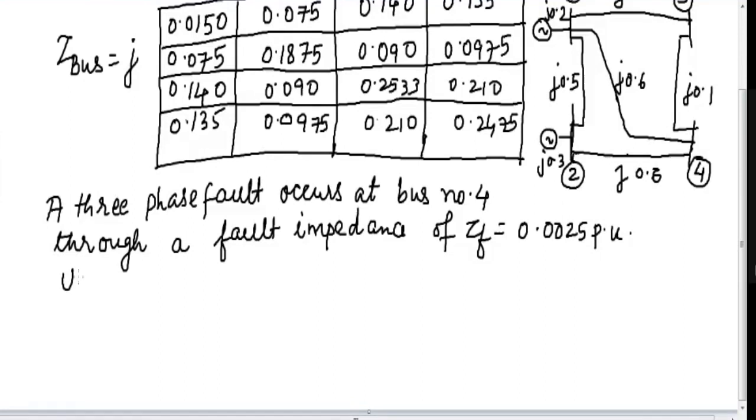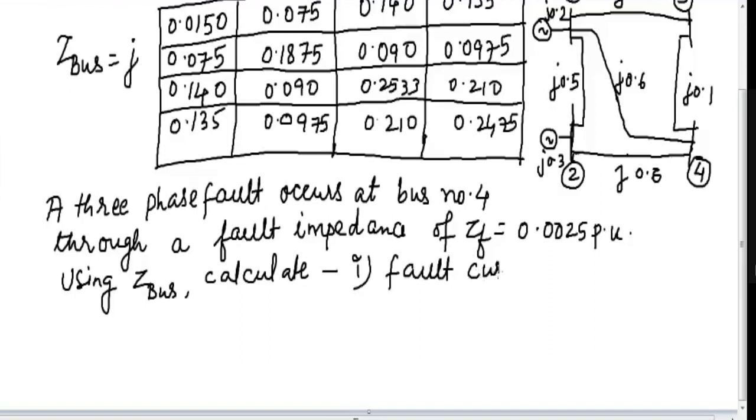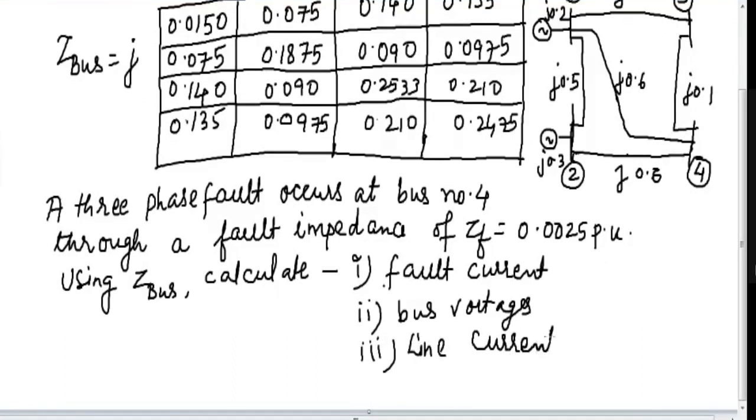Using ZBus, calculate number 1, fault current, number 2, bus voltages, and number 3, line currents during the fault.